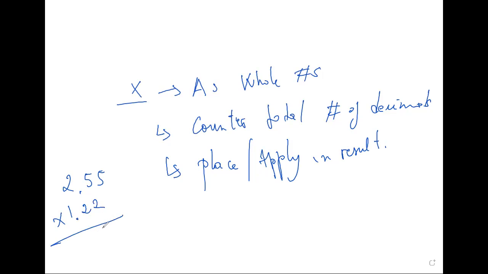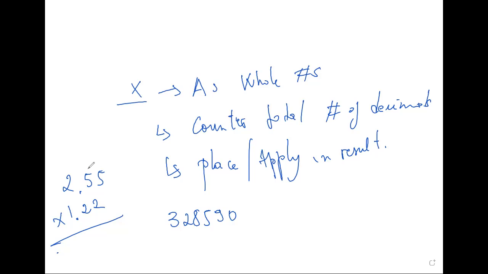Multiply. Of course, you follow the same rules as in whole numbers, but let's say your answer is 328,590, something like this. Count how many decimals we have.